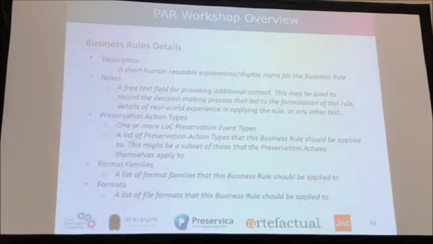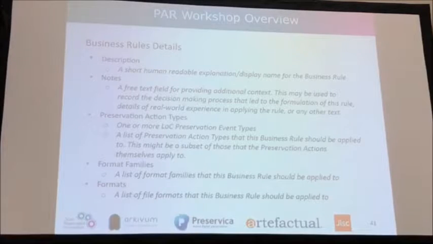So going into a little more detail, these are all of the different properties that you can write out when you create a business rule. And as I mentioned, the description and the notes are probably in some ways the most important places to start. This is where you actually write out what the business rule is for, what the purpose of it is. And when we talk about preservation action types, the idea of a preservation action type is directly connected to the idea of preservation event types as described in the Library of Congress controlled vocabulary.